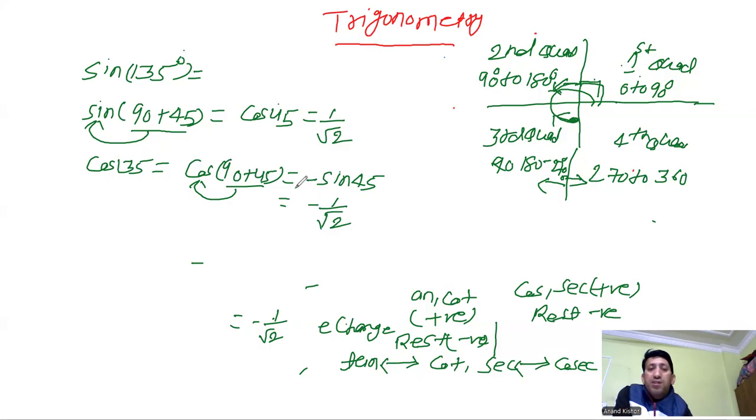So it is very important and very easy. Many angles we can do like this. I have given an example of sine 225; later I will give some more examples. So I think it is clear for everyone.